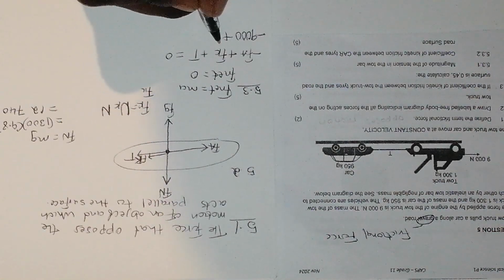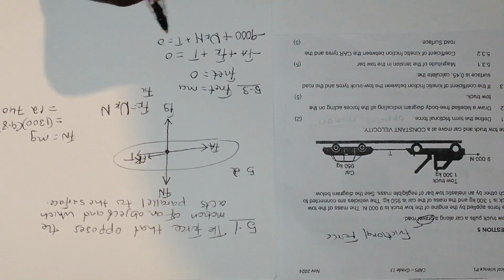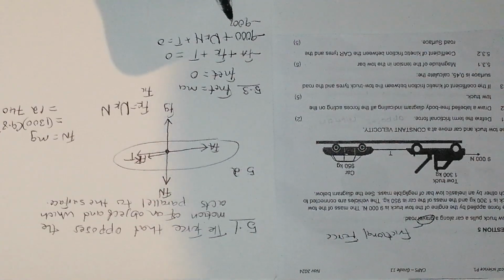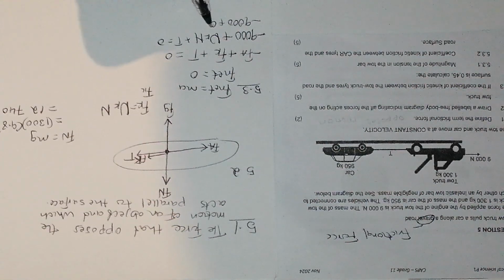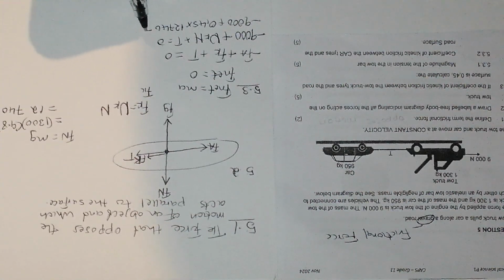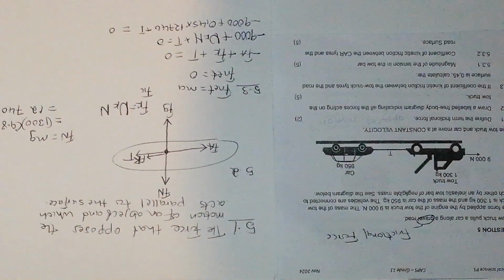Or you can just do this: mu k n plus T equals 0. Then it will be negative 9,000 plus the value of mu k, which is 0.45, times 12,740 plus the value of the tension equals 0.